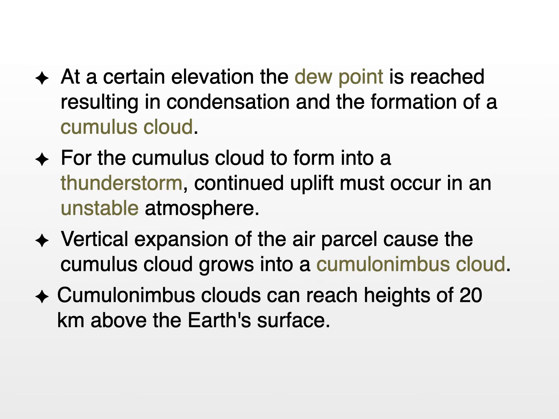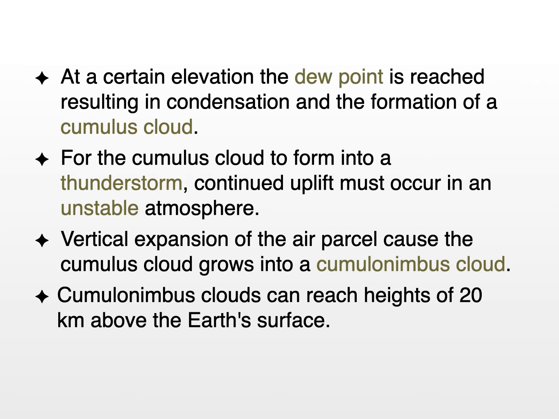For a cumulus cloud to form into a thunderstorm, you must have continued uplift. And the amount of uplift is going to be a function of how unstable the atmosphere is relative to the cloud. So unstable means how much colder is the environment than the developing cloud, because that's going to influence how quickly it develops in the vertical.